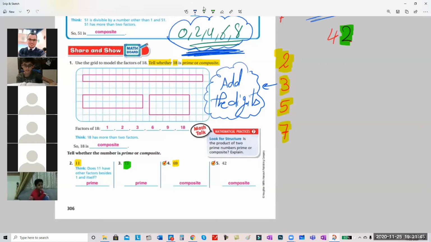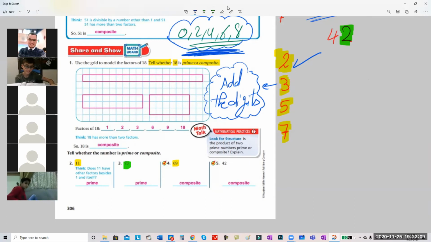I said yes, we can divide by 2. Even numbers are divisible by 2. So we have here 2. Shall we continue?